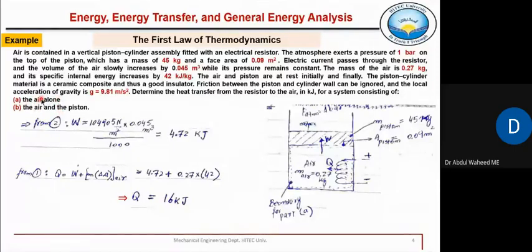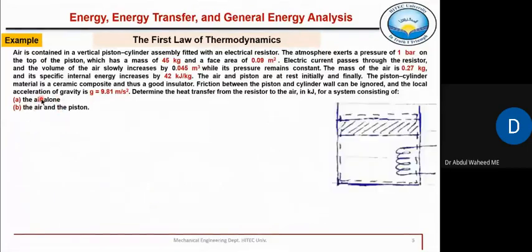Now we shall solve part 2 when both air and piston are the systems. Now, the only thing is the description of the system. System is defined as air and piston both, right? So now how will the same equation change? The same equation means the first law of thermodynamics for a control mass.